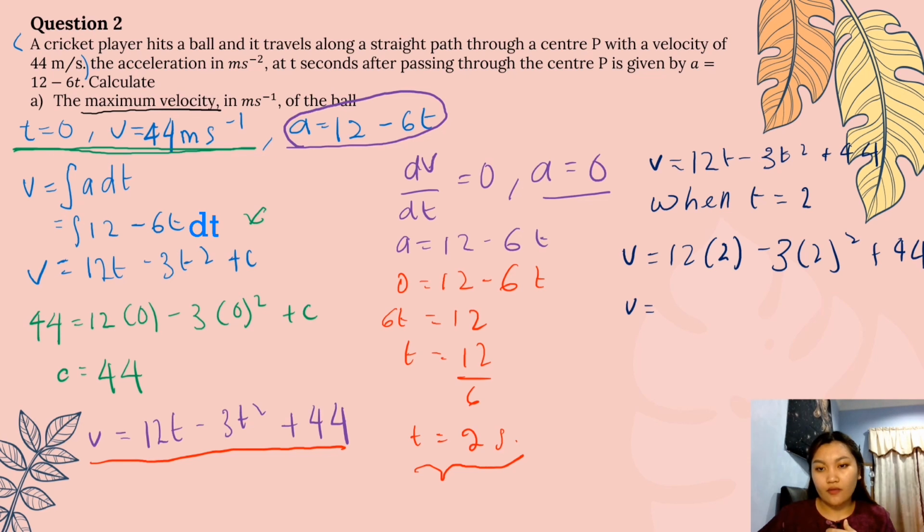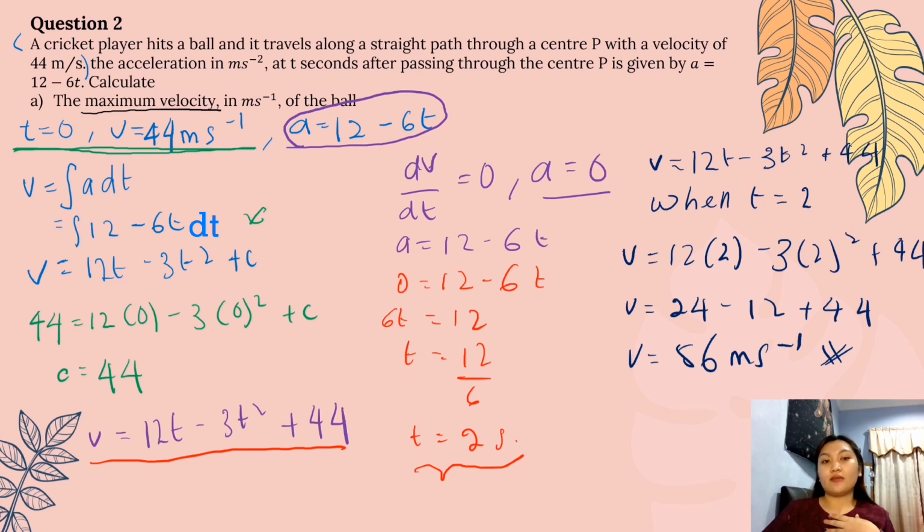So now you will have 24 minus 12 plus 44. 24 minus 12 gives 12, and 12 plus 44 gives 56 ms-1. So this is the final answer, the maximum velocity. In conclusion, the maximum velocity is 56 ms-1. Just simple as that.